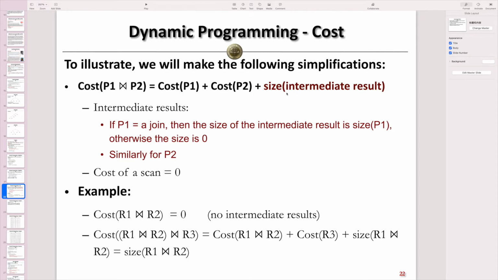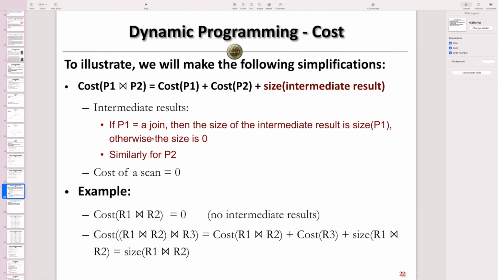What is the intermediate result? It really depends. If P1 is a join, in other words, P1 is a combination of some other relations or some other plans, then the size of the intermediate result will be equal to the size of P1, because we have to store this intermediate result on disk or in memory.